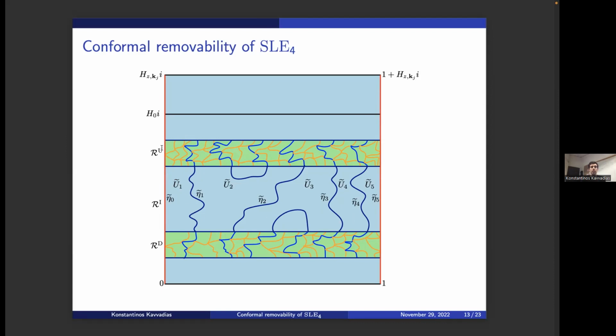So the point is that the explorations on the upper and lower rectangles discover all these crossings in a measurable way. So conditional on those crossings, the remaining parts of these blue crossings, which are the crossings eta j tilde, will just be the level lines of the restriction of GFF here in the middle rectangle, starting and ending from the ending and starting point of a blue crossing discovered either in the upper rectangle or in the lower rectangle.